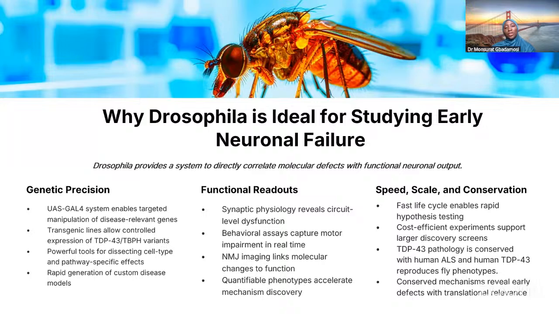We have behavioral assays, you can do NMJ. In fact, the NMJ of the third instar larva of Drosophila is an excellent model to study the synaptic architecture, because you can easily get to it. You can dissect, stain, and see a lot of stuff. So Drosophila is very ideal for studying this kind of early neuronal failure.